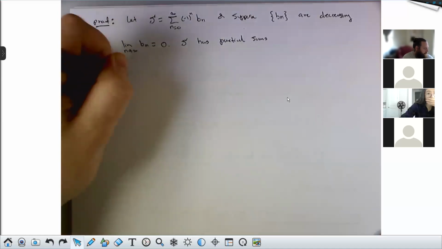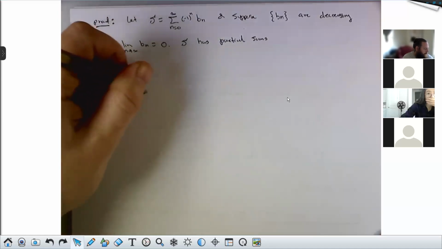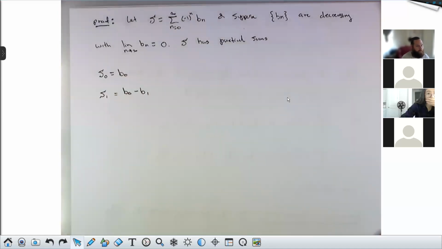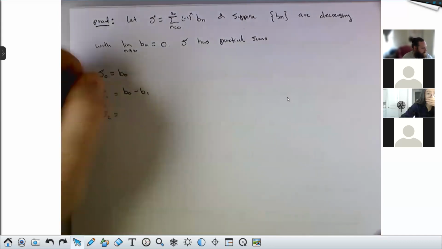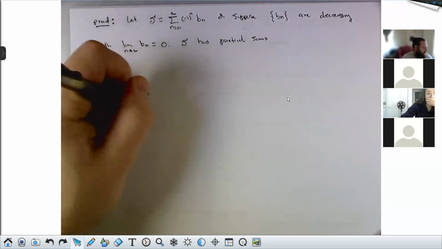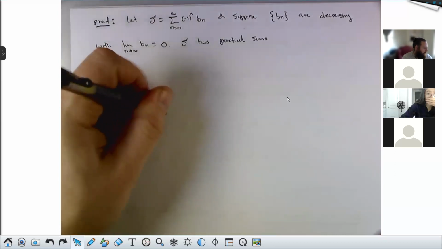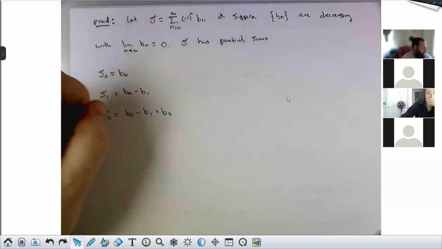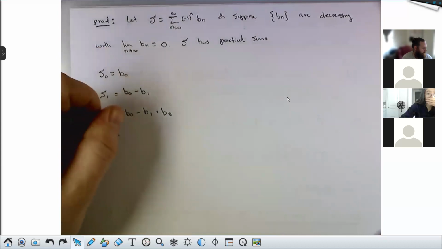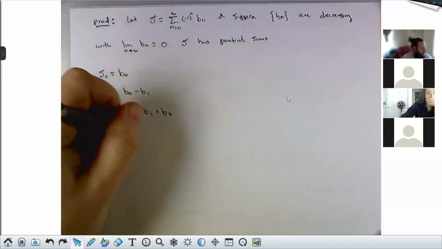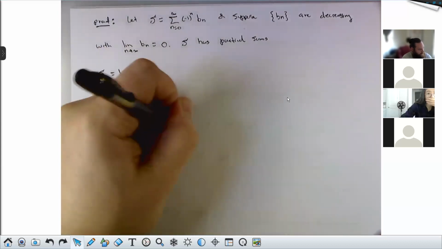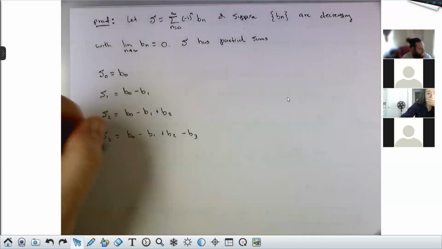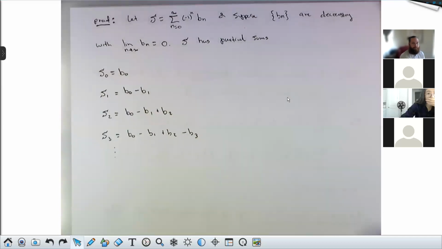S1 would be b0 minus b1. S2 would be b0 minus b1 plus b2. S3 is b0 minus b1 plus b2 minus b3, and it keeps going like that.